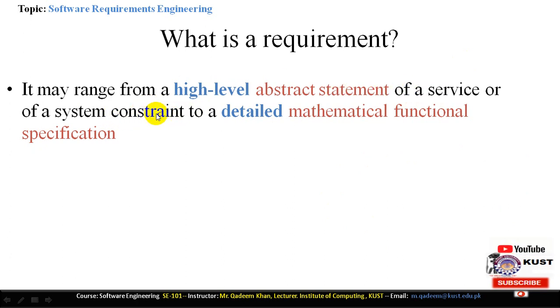Services or system constraints mean all sorts of user needs and system business needs, which can be in the format of a detailed mathematical function specification. So all the requirements must be in a format such as the functional specification, but using mathematical notations. So these are called the user requirements.